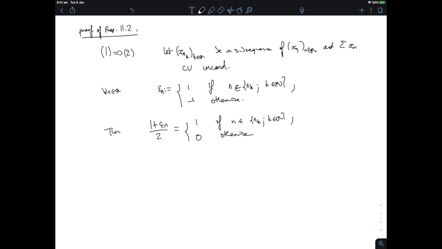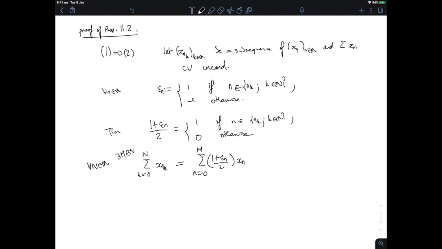So now that means that whenever you look at a partial sum of your subsequence, the sum of x_{n_k} for k equals 0 to N, for any capital N in the naturals, there exists an M in the naturals such that this is equal to the sum for n equals 0 to capital M of (1 plus epsilon_n) over 2 times x_n.